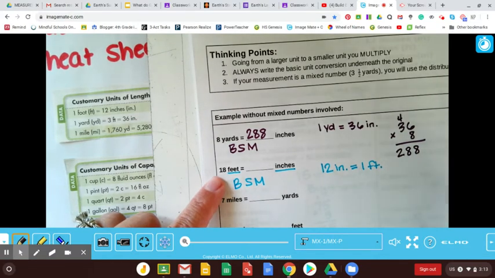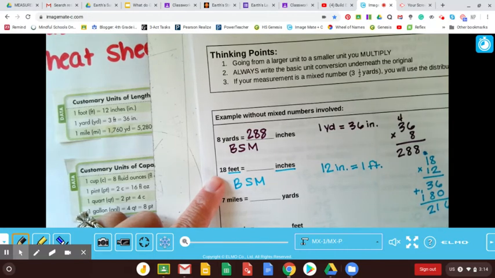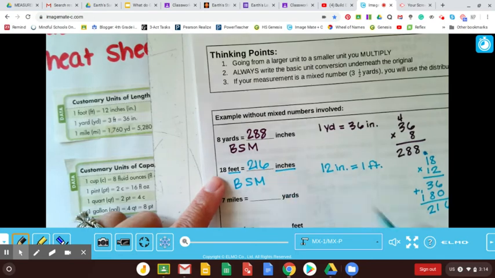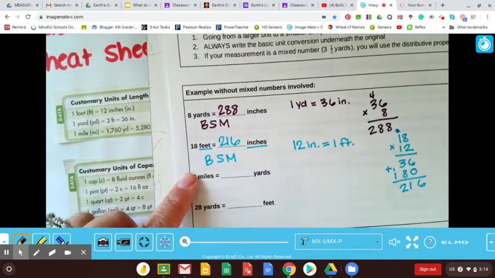We've got to multiply. So 18 times 12. Okay, 8 times 2. And I got 216. So 216 inches would be our answer.